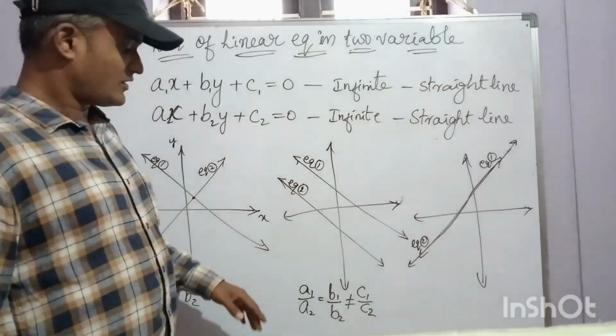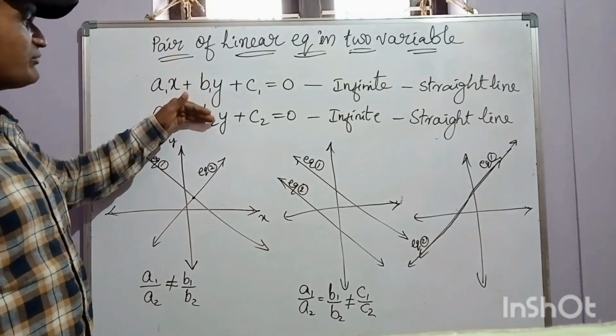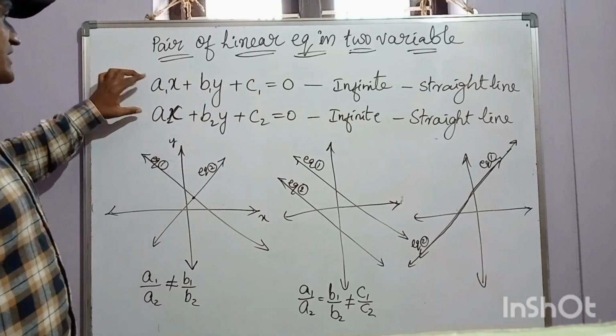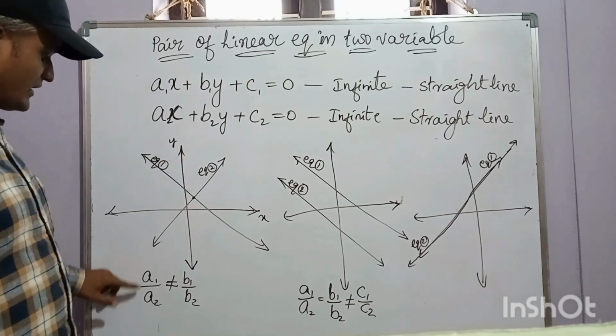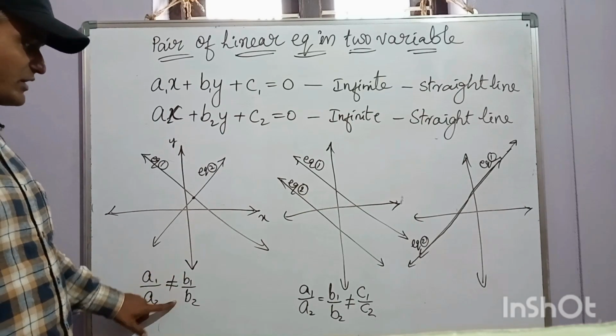So the ratios of the coefficients a1, a2, b1, b2, c1, c2: when the lines are intersecting, a1 by a2 is not equal to b1 by b2.